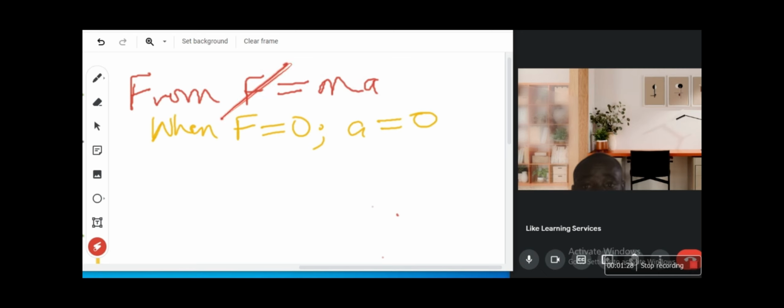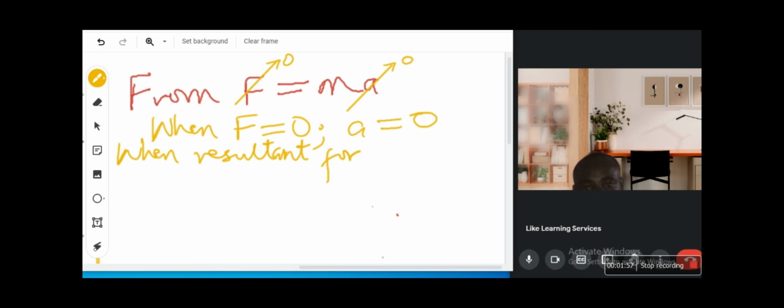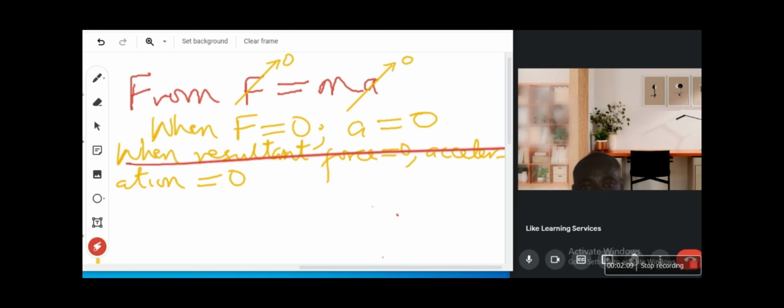So whenever the resultant force is equal to 0, acceleration will also be equal to 0. Let me just put it this way. When F, which is resultant force, is equal to 0, acceleration must also be equal to 0.